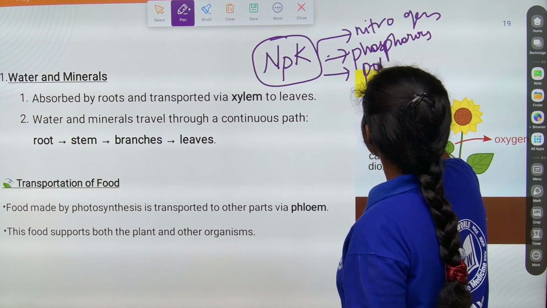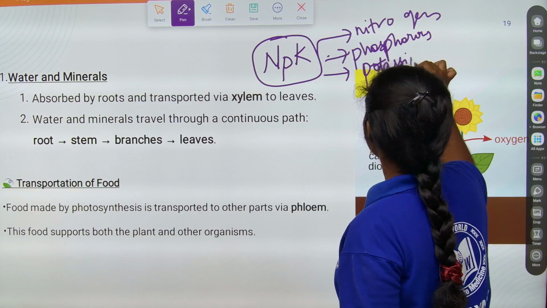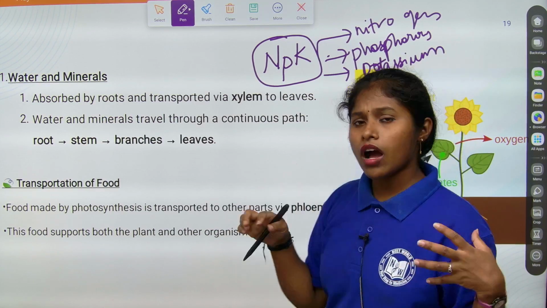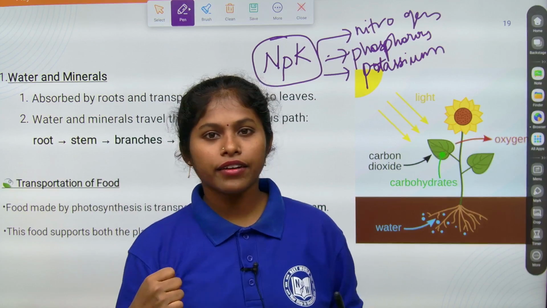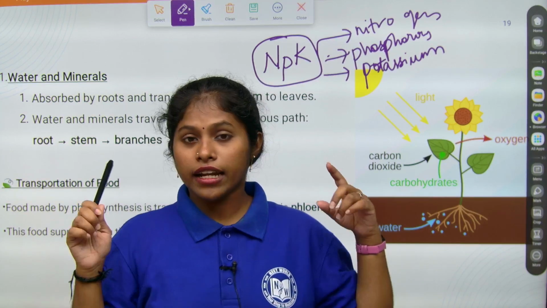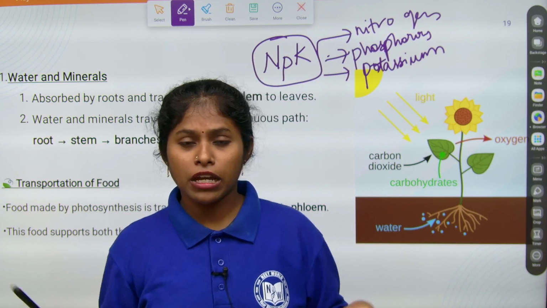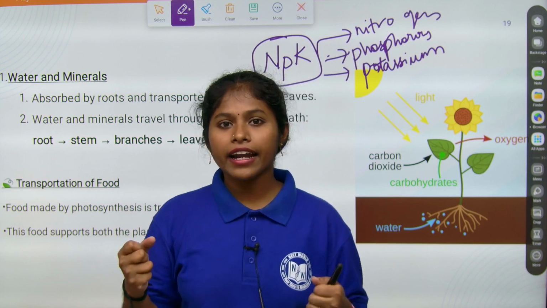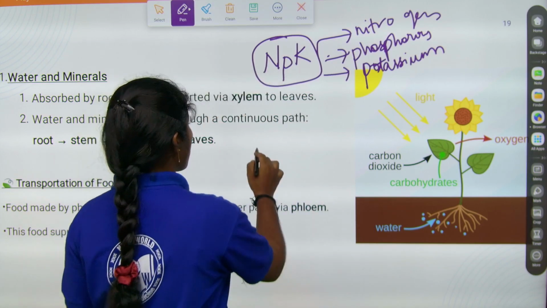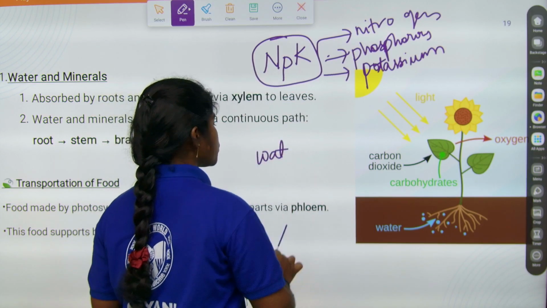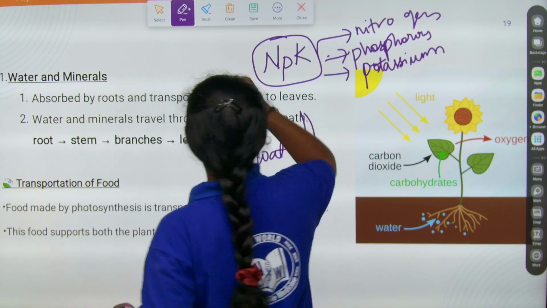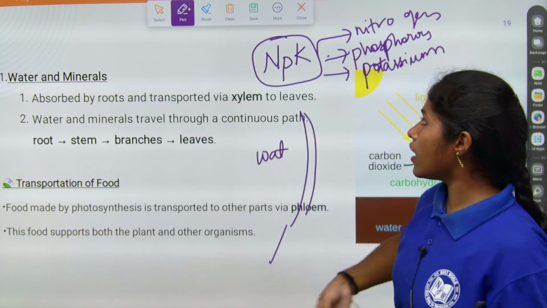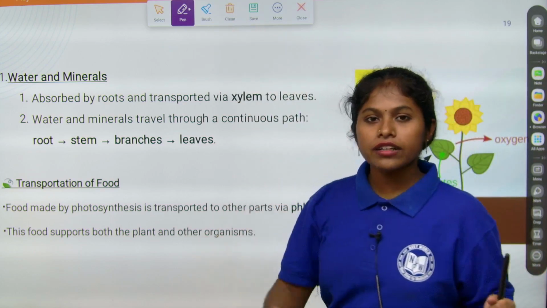So from where are these all taken, children? Of course the plant requires them. It should be taken from the soil only, right? If the soil is rich in nitrogen, phosphorus, potassium, how is it taken? The minerals absorbed with the water are transported from the roots to all parts of the plant, right? If it's not required for you now, children, it will come for you in upcoming classes.